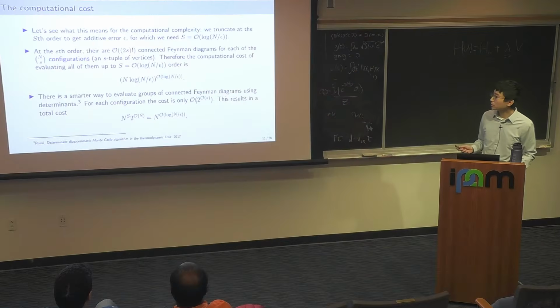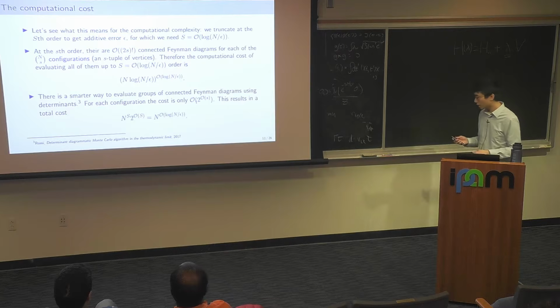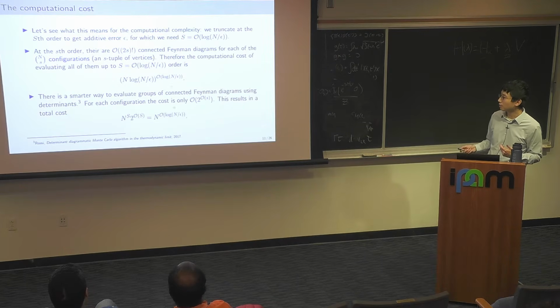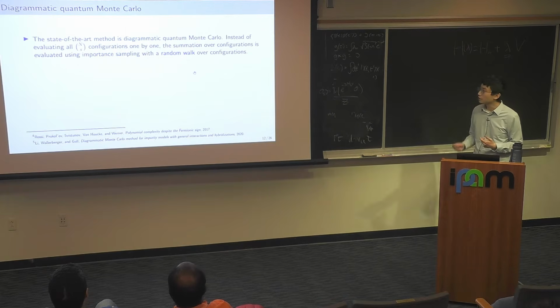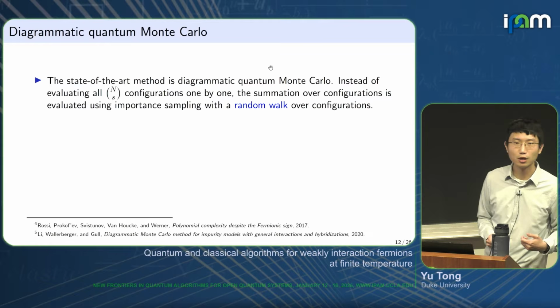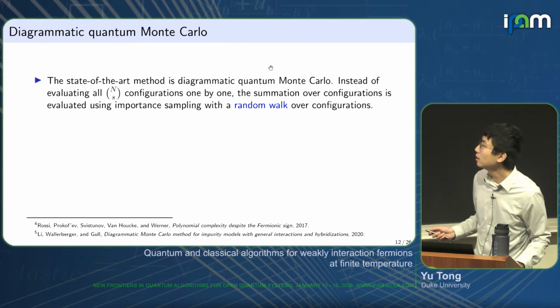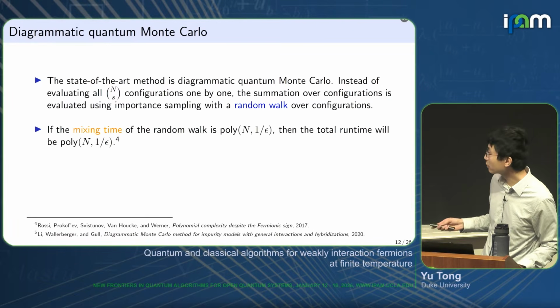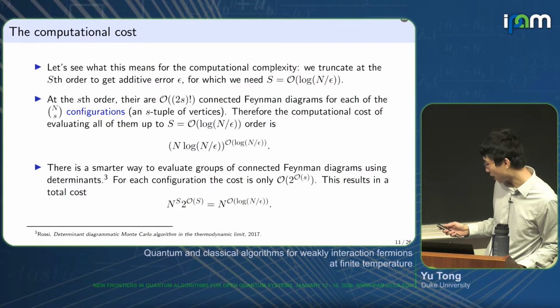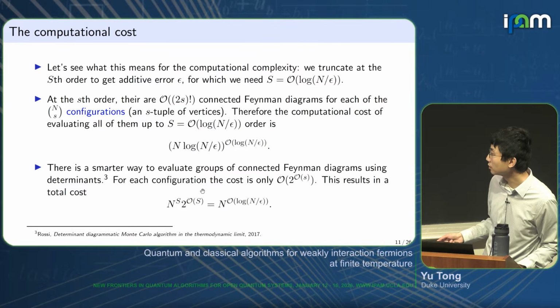Right. So these are methods, like the direct method and a somewhat more clever method. What people actually do in practice is called diagrammatic quantum Monte Carlo, which is even more involved. The previous method fails to give us polynomial time because we need to deal with too many configurations.